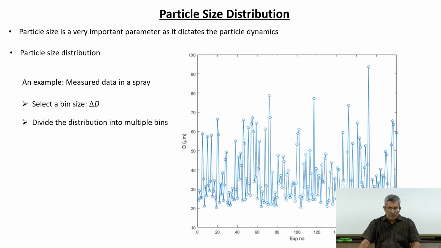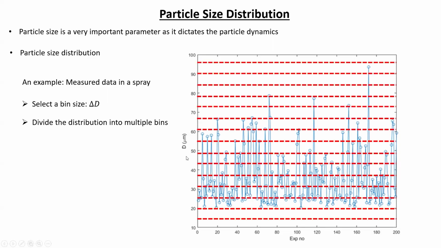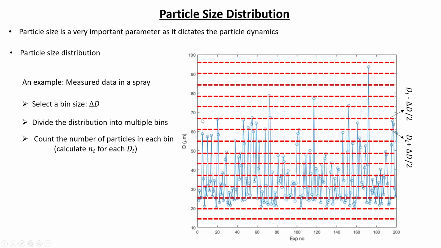Then we divide this distribution into multiple bins, something similar to this. So then we count the number of particles in each bin. So for instance, let's consider this bin which starts from about 60 micron to about 68 micron or so. So in this case we know the limit, and the center of this bin is represented by Di.